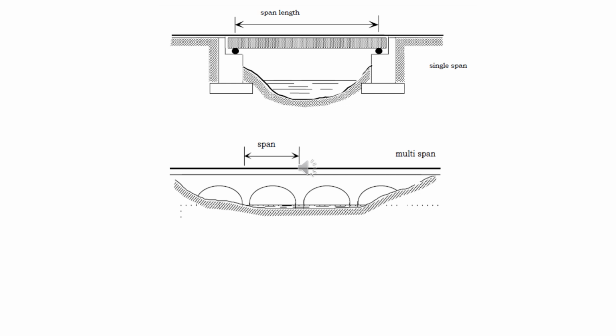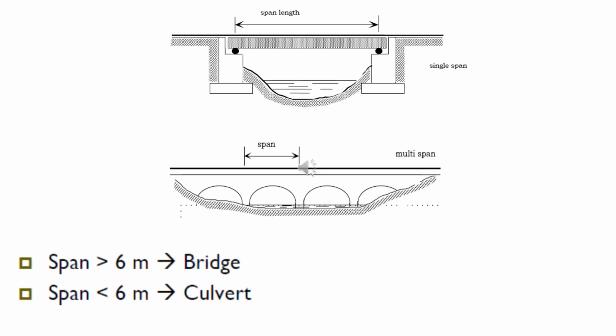Let us now have a little study knowledge about span length, wherein we can simply classify if a given structure is a bridge or a culvert. When the span length of a given structure is greater than 6 meters, then we can classify it as a bridge. But when the span length is less than 6 meters, then it is a culvert.